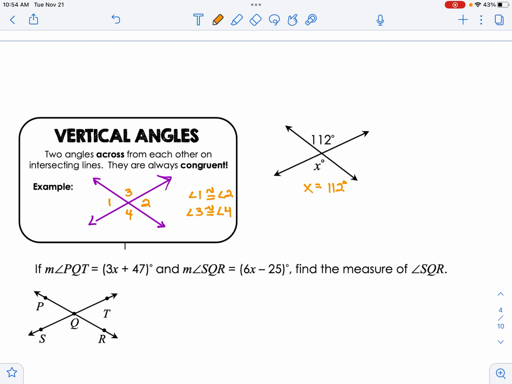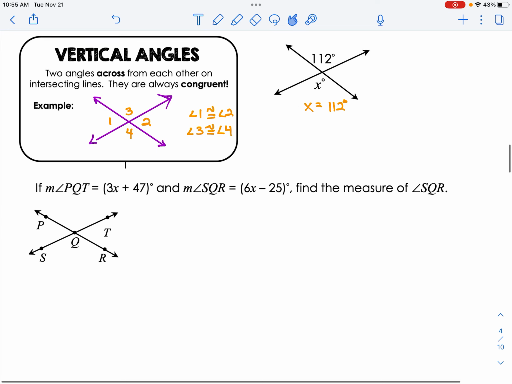You can make this a little bit more difficult by adding in the algebra to it, but ultimately the premise is exactly the same. So let's take a look at this problem on this slide.